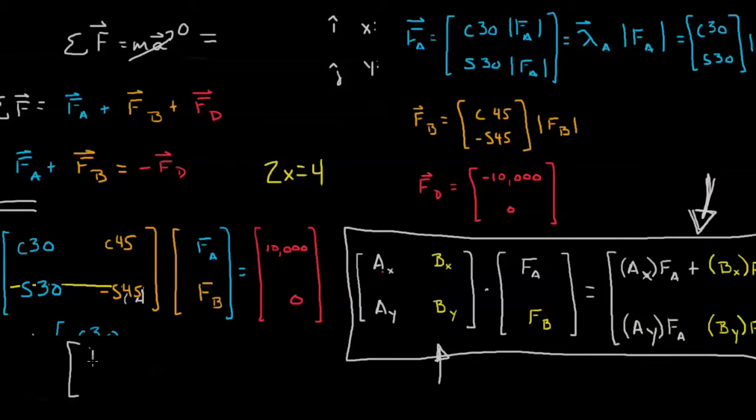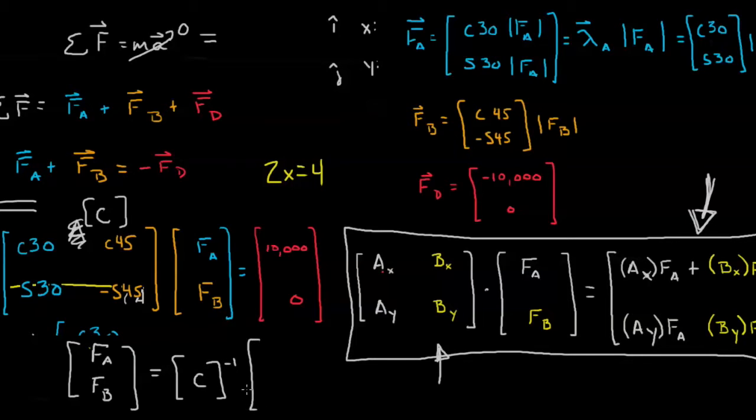We know how this works. We've seen it before. Force A, force B. Let's call this matrix right here C, for lack of a better name. That's going to be the inverse of C times 10,000.